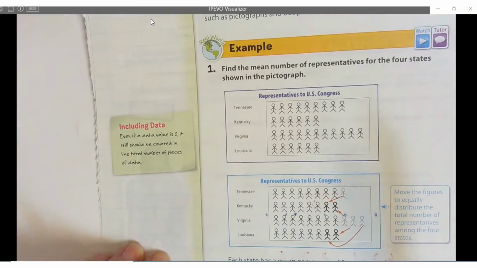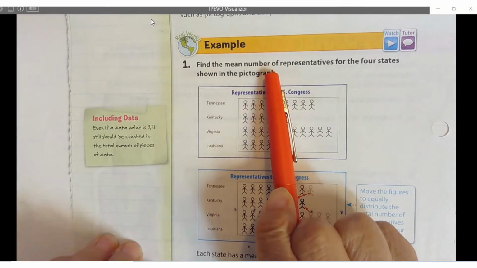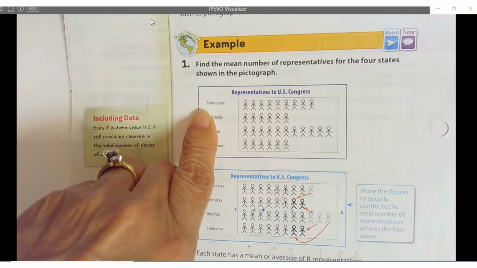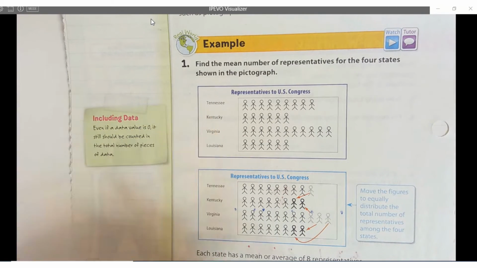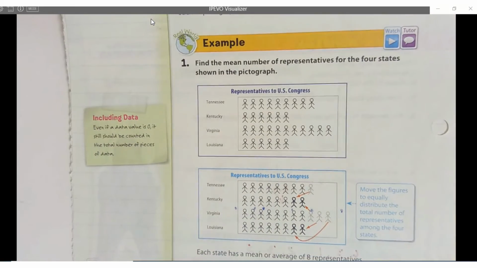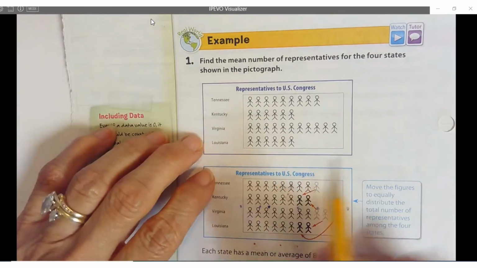So in this case, find the mean number of representatives for the 4 states. They're actually using models, or stick figures as well. So let's go ahead and count these stick figures.